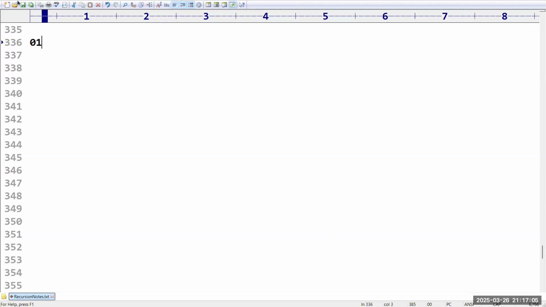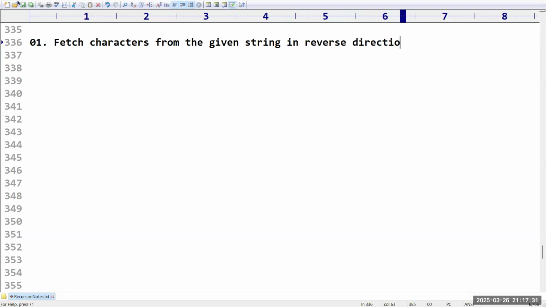The first program I'm going to cover here is that we need to fetch characters from the given string. They have given a string, and we need to fetch the characters one by one from the given string in reverse direction. I want to print this in reverse direction.